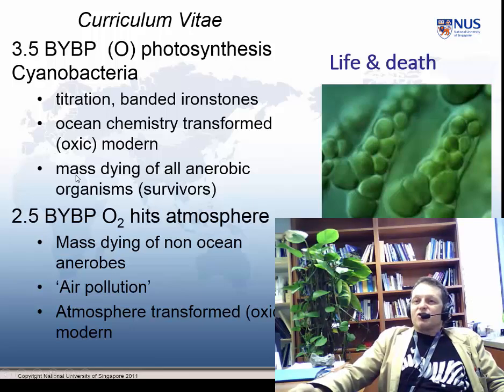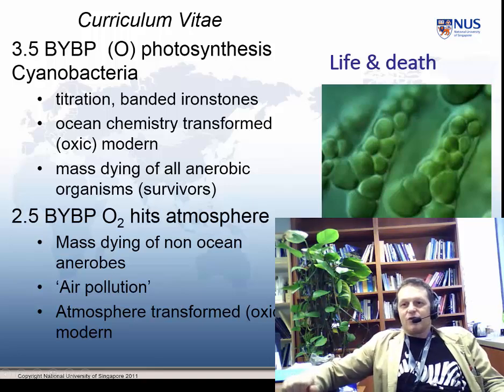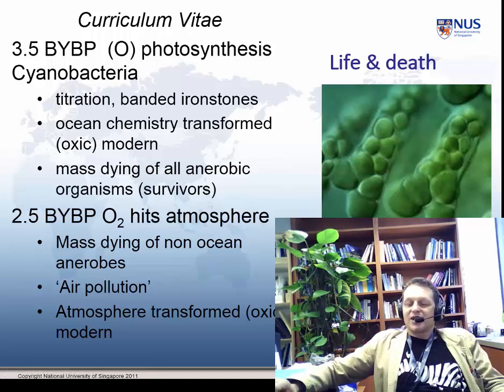We've got banded ironstones being formed, the titration is happening, you've got effectively oxygen, photosynthesis, cyanobacteria. Now, it's a big world out there, it's a big ocean. What was happening in the oceans while this oxygen was being produced and forming those beautiful red bands of ironstones?